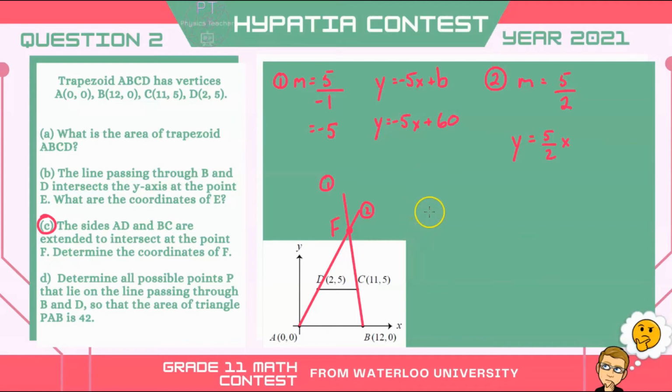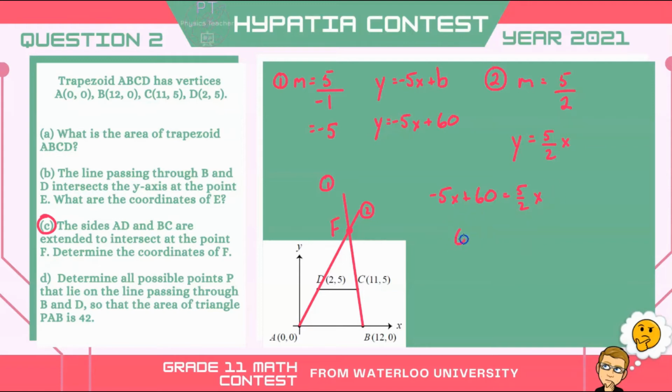So now that we have these equations for each line, we can find their intersection by solving this system of equations. So let's equate our y equations, which would give us minus 5x plus 60 is equal to 5 over 2x.